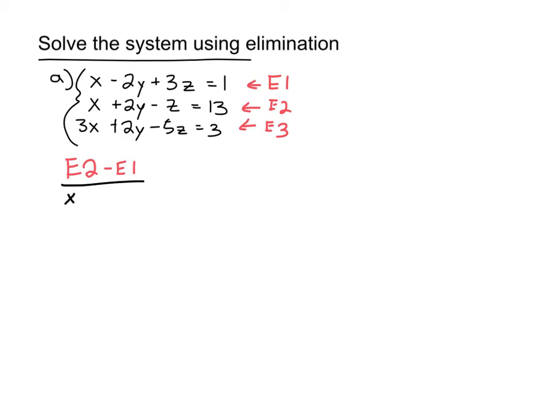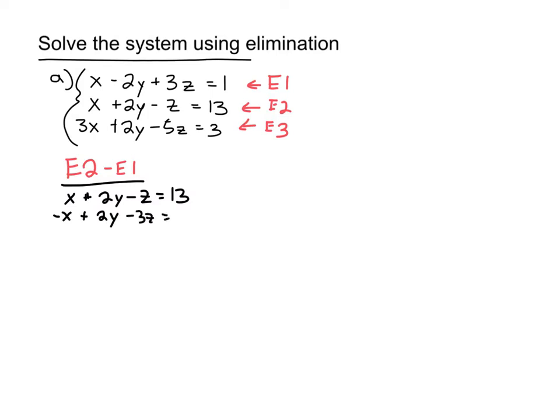So the second equation is x plus 2y minus z equals 13. Now I'm going to multiply everything in the first equation, or E1, by -1. So I'll have minus x plus 2y minus 3z.